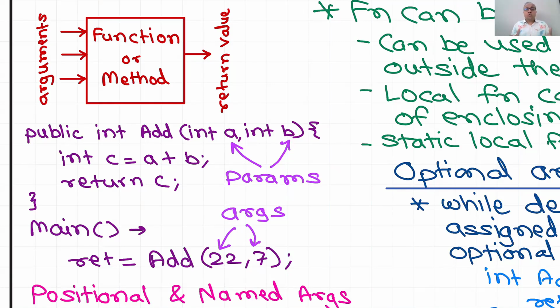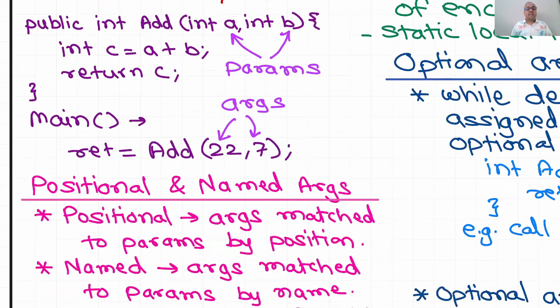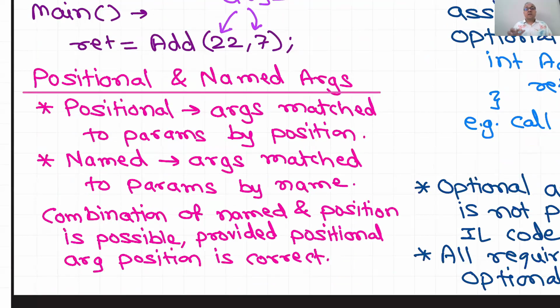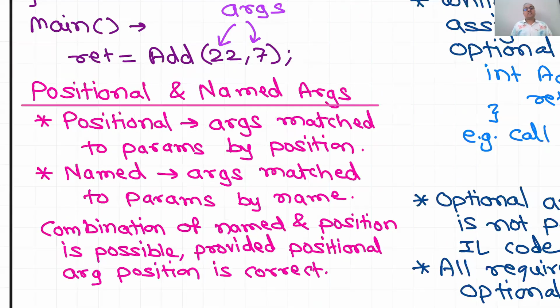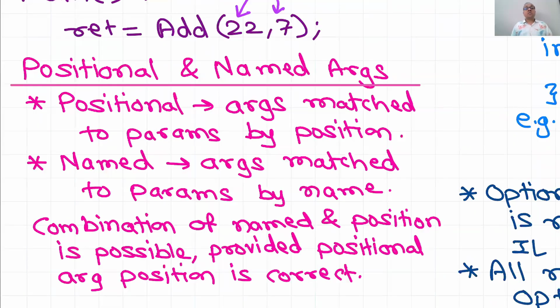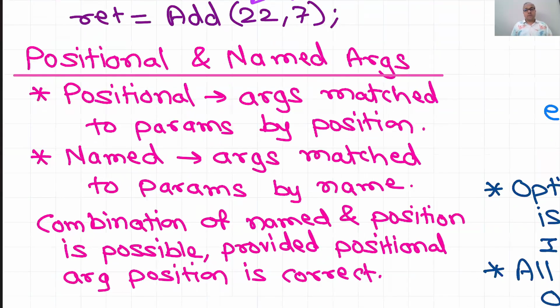Now that you know these basic concepts for any function, we can go ahead and discuss some concepts related to functions in C#. The very first thing I want to talk about is positional and named arguments.